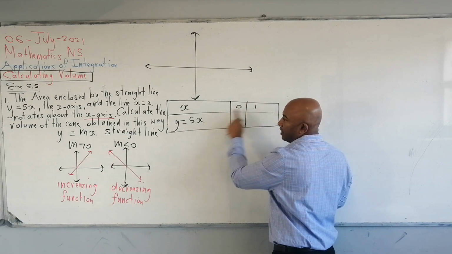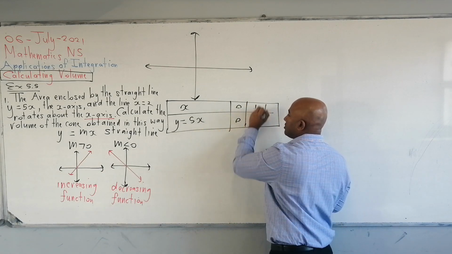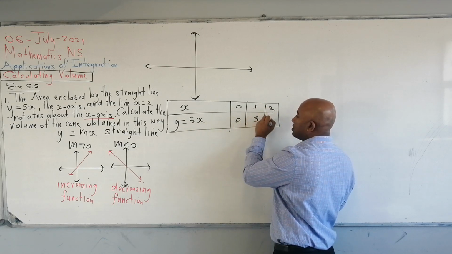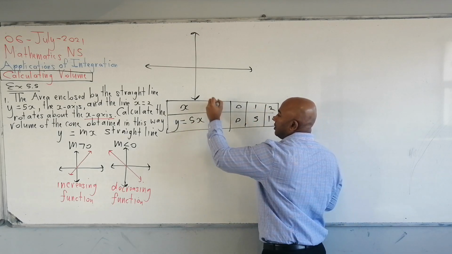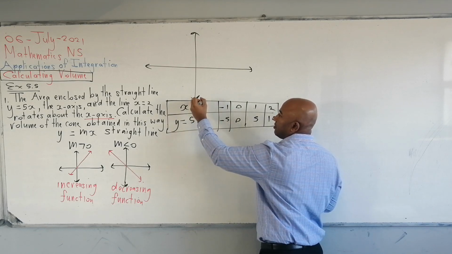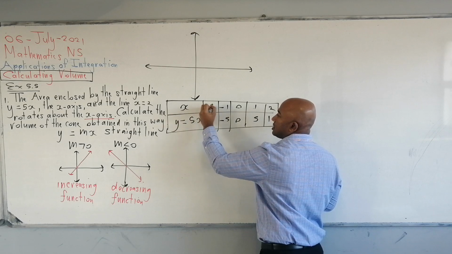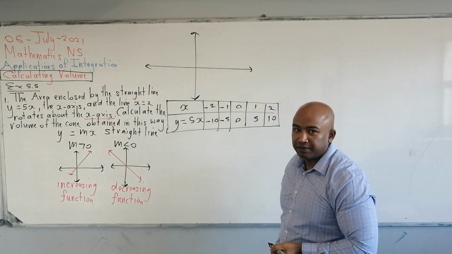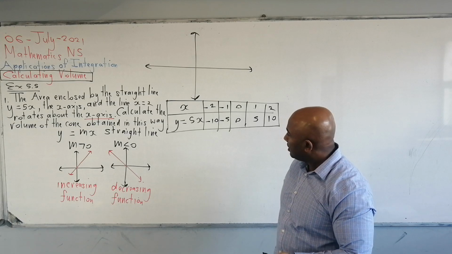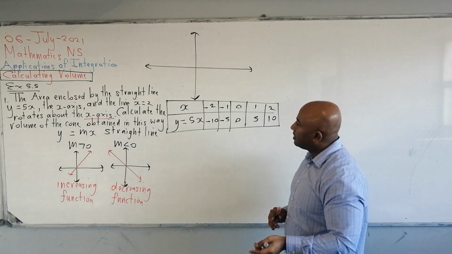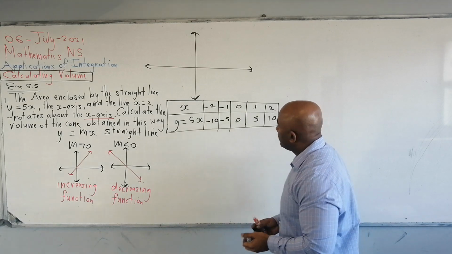When x is equal to 1, y is 5 times 1, which is 5. When x is equal to 2, y is 5 times 2, which is 10. When x is equal to minus 1, 5 times minus 1 is minus 5. When x is equal to minus 2, 5 times minus 2 is minus 10. These are a few points so you have an idea of the shape of the graph.